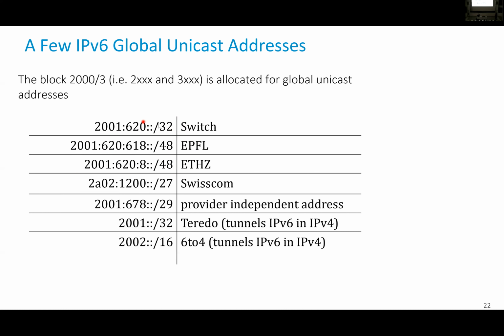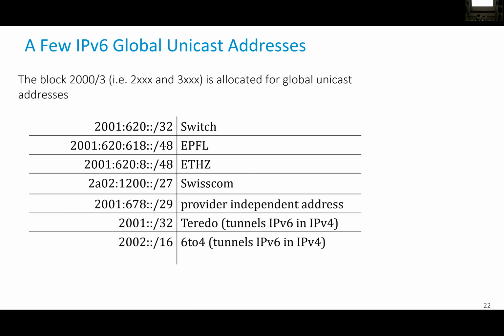It needs to have only SWITCH, because SWITCH is the EPFL provider, and all packets that come from California to EPFL must first go via SWITCH. So the fact that this is now a super prefix of this, which means the net of EPFL is a subset of the set of all IP addresses allocated to SWITCH, makes it compressible. So we can aggregate in routing tables all the different parts that are served by the same provider.